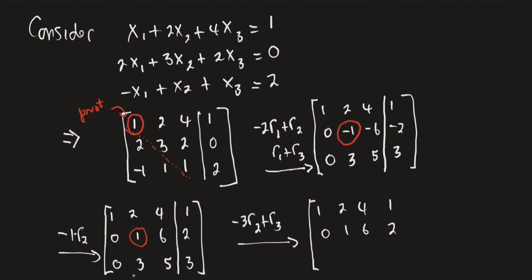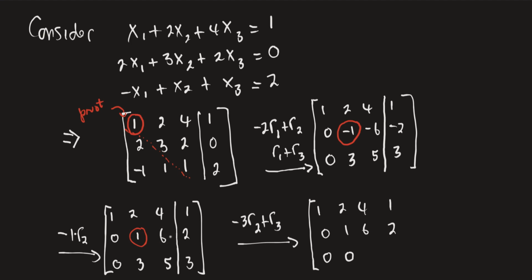But now I have to do my arithmetic and figure out what happens in the third row. So -3 times 1 plus 3, that's 0. We know that's what's going to happen. We're using the correct constant in order to eliminate this, but then we just have to make sure that we do our arithmetic carefully to see what happens to the 5 and then what happens to this 3.